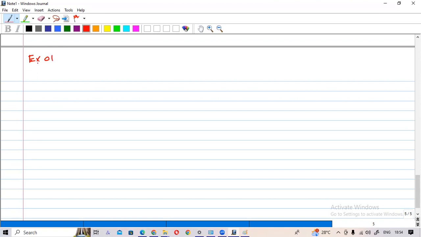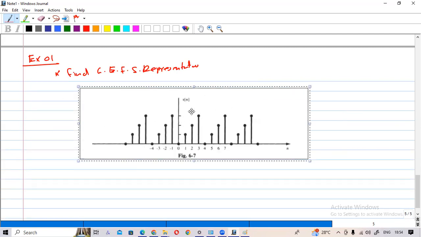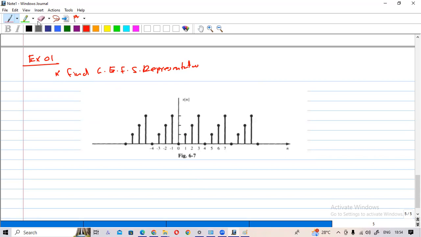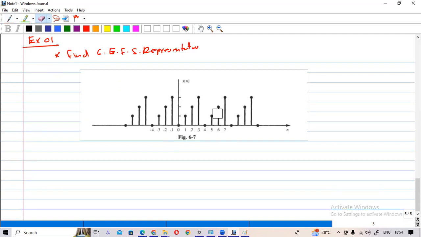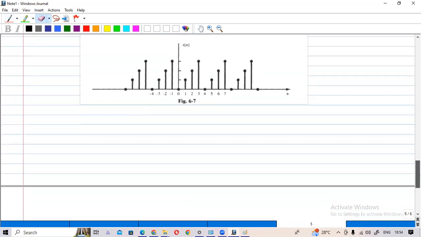So I ask you to find the complex exponential Fourier series representation for this signal. So still maybe you can't evaluate this, but please just have a try, okay?